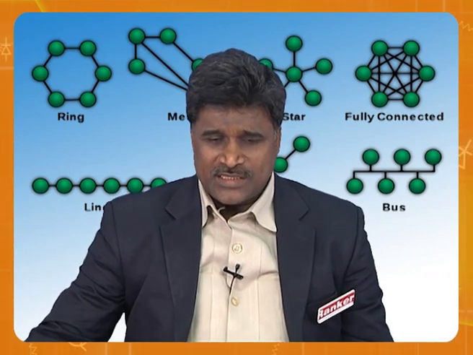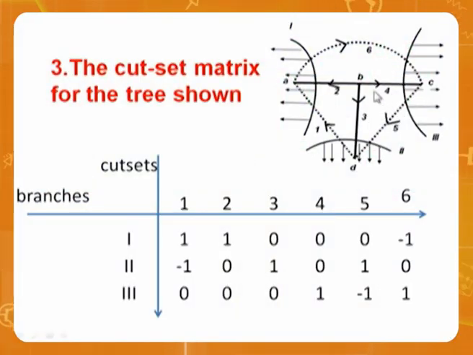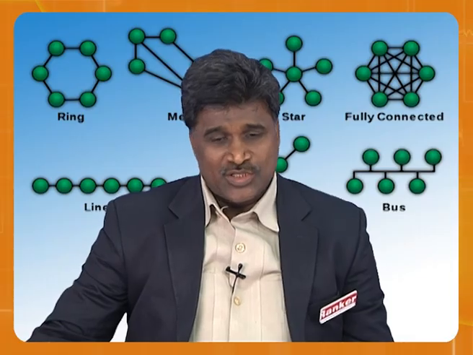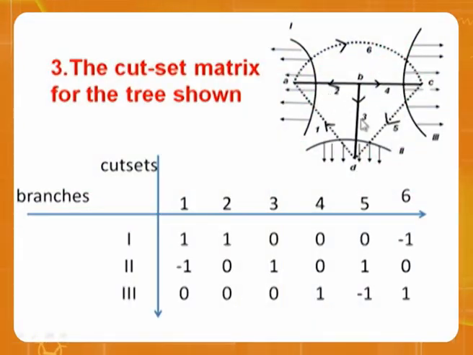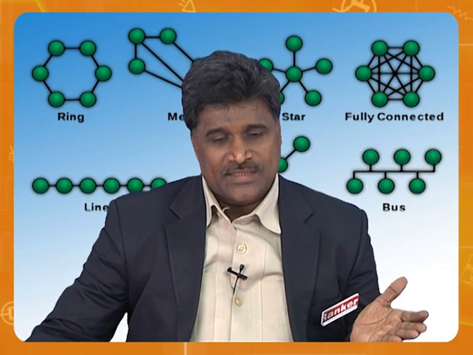So please take the same circuit and graph, and the tree is also the same. Look at 2, 3, 4. The thick line, as I told you, is the tree. The dotted line is the links. As I told you, the tie set matrix is with the dotted lines.